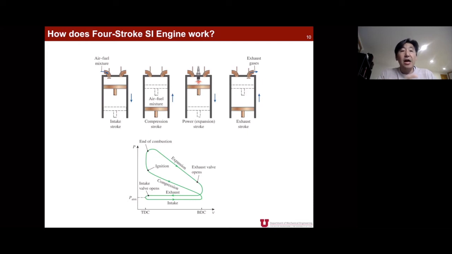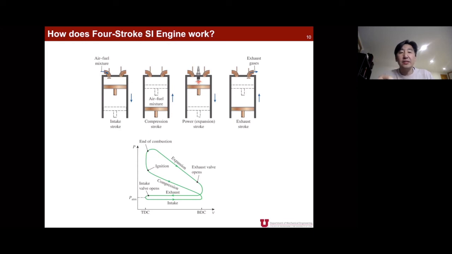Now let's go to the intake stroke. During this intake stroke, in terms of pressure, the pressure should be lower than the atmospheric pressure. That's why the air and fuel mixture can be sucked into the cylinder. But it is not very much lower, just slightly lower than the atmospheric pressure.